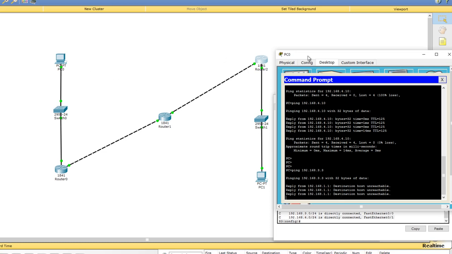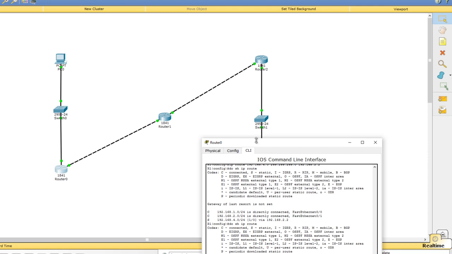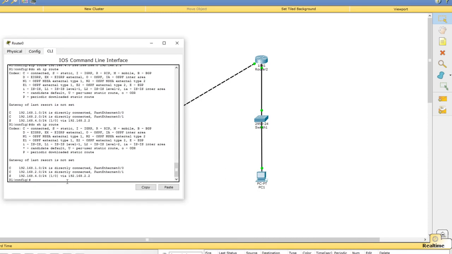Because when you send that traffic, router 1 will look at its routing table, and it says, you're trying to reach the 3.0 network, but I only know the 4.0 network and the two connected interfaces, 1.0 and 2.0. I know nothing about 3.0. So if you want communication to 3.0, you need to put the same static routes for 3.0.